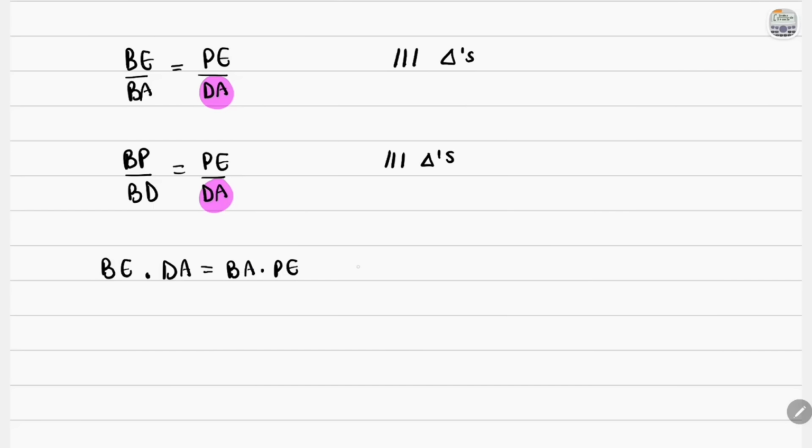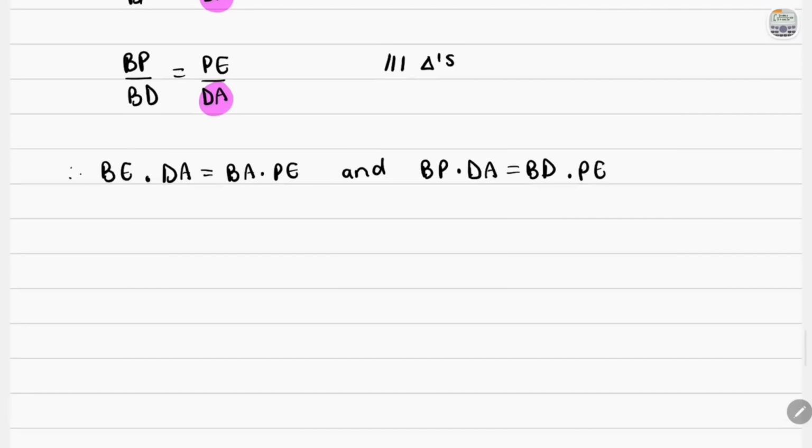Okay, I'm just going to continue. The other equation that we have is BP multiplied by DA, is equal to BD, so we're cross multiplying, multiplied by PE. And then in both equations, DA can simply just be made the subject.